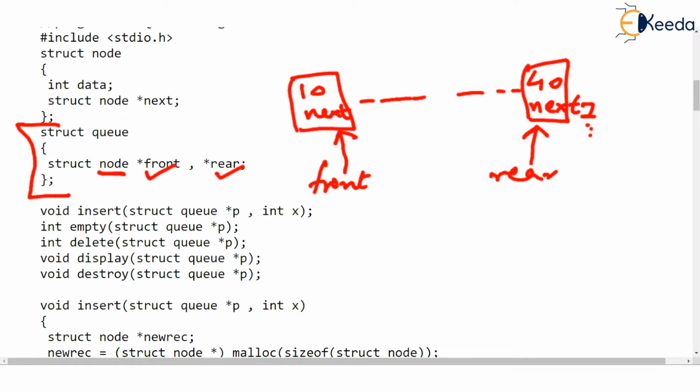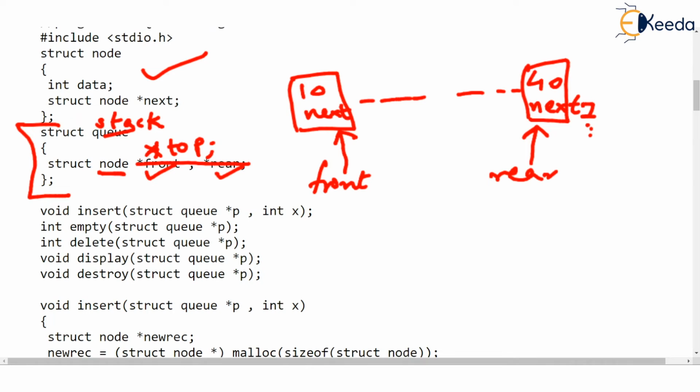Well, in the stack program also, we declared a node. If you go back there, and we declared struct called stack. But in that case, we had only one pointer there, pointer top, because we know that all the operations of the stack happen only at one end.